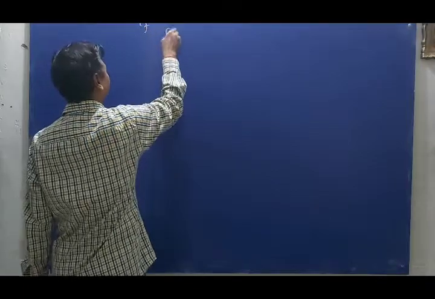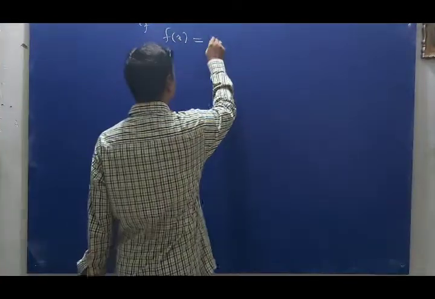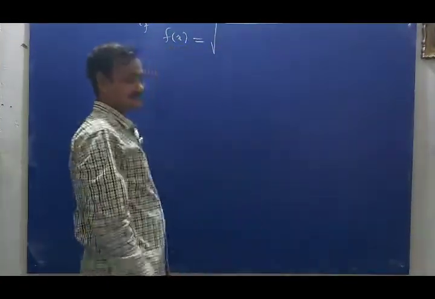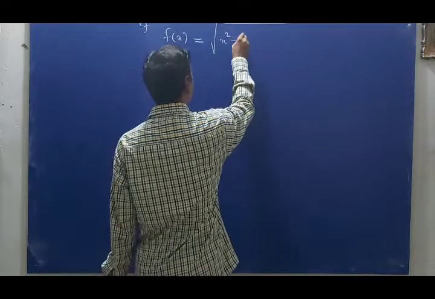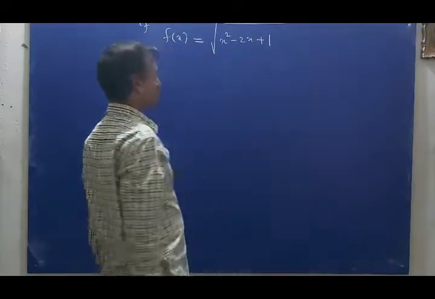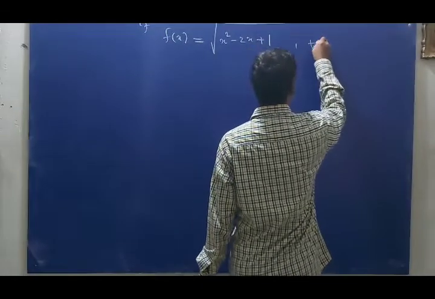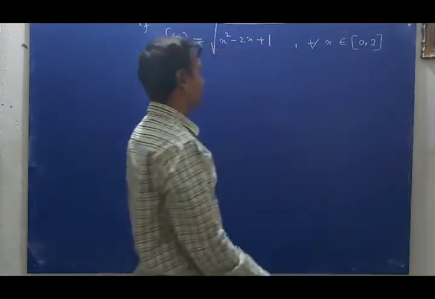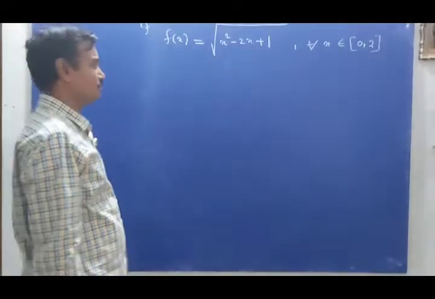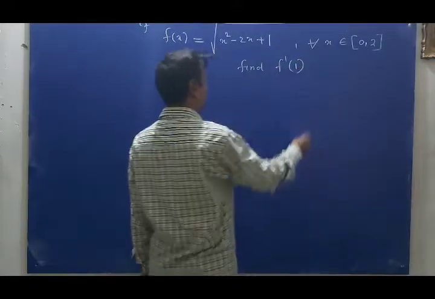If f of x is equal to the positive square root of x square minus 2x plus 1 for all x belonging to the closed interval 0 to 2, then find f dash at x is equal to 1.